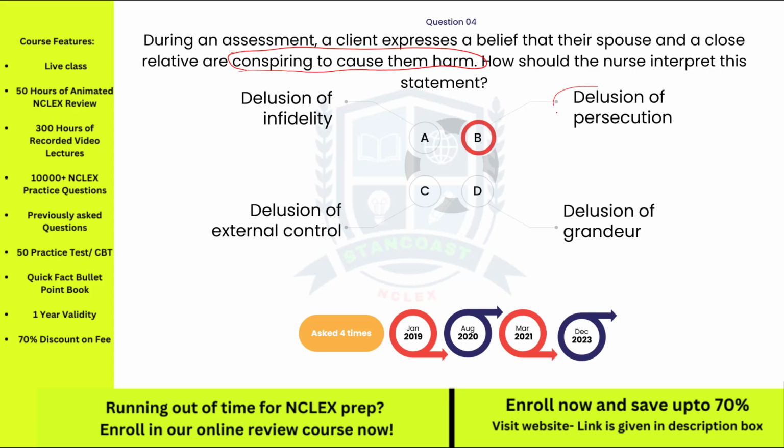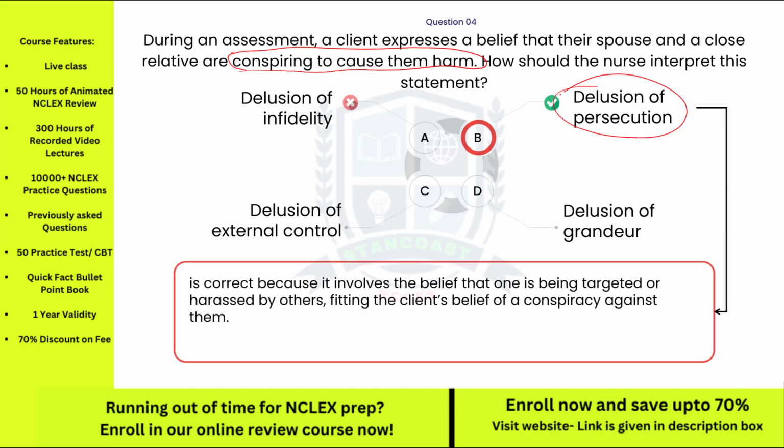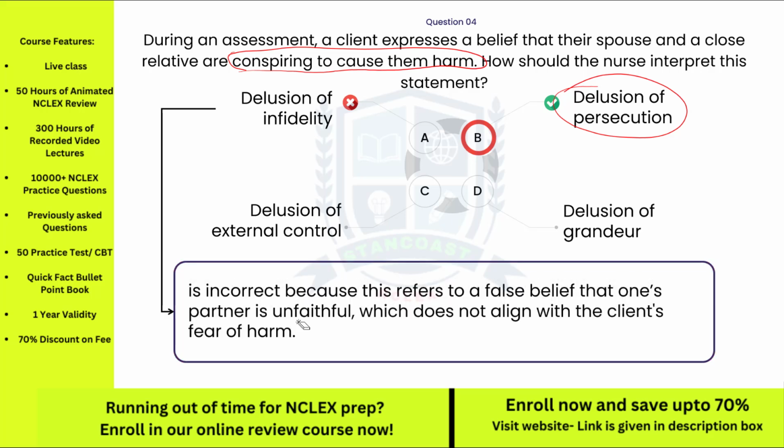B. Delusion of persecution. Option B is correct because it involves the belief that one is being targeted or harassed by others, fitting the client's belief of a conspiracy against them. Option A is incorrect because this refers to a false belief that one's partner is unfaithful, which does not align with the client's fear of harm.